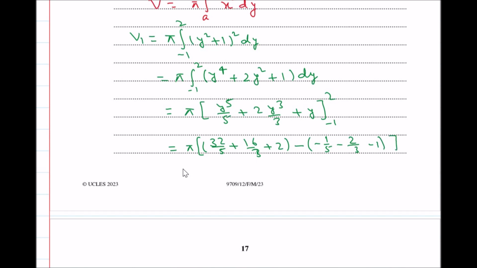Now if you simplify, we get pi times 206 by 15 plus 28 by 15.